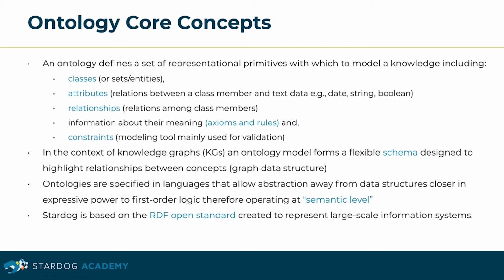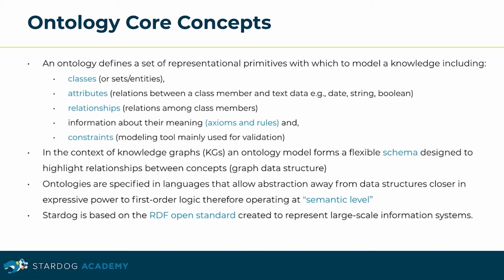We also have additional modeling tools such as axioms and rules, and these are used to define information about the meaning of the corresponding primitive concepts. And we also have constraints, a modeling tool mainly used for validation.